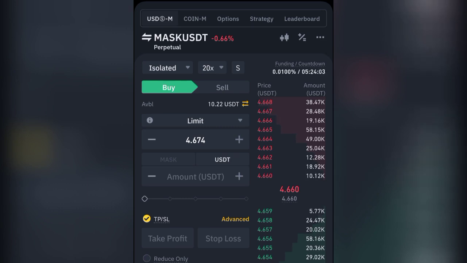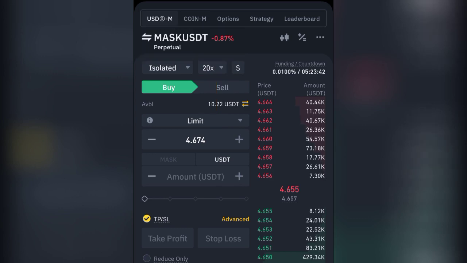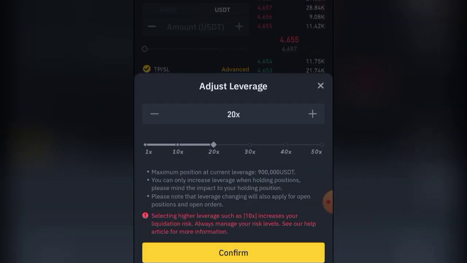So once you're on your futures trading interface here, first thing you will notice is the pair that you actually want to long or short. And then the next thing is where you have 20x here, close to where you have isolated. This 20x you are seeing here, that is where we can get our leverage. Now if I go to that place and click on it, you can actually see that I can adjust these things and set up my leverage.